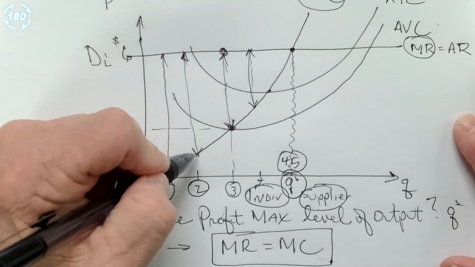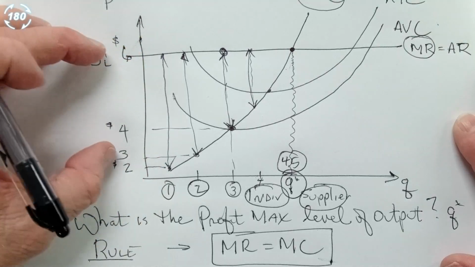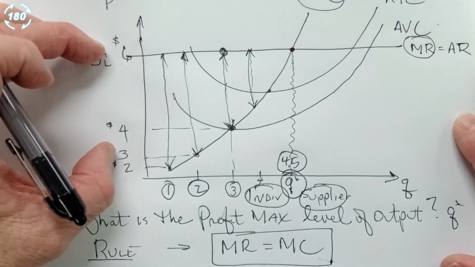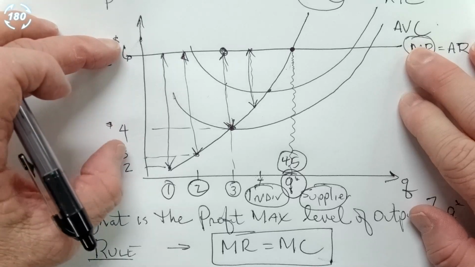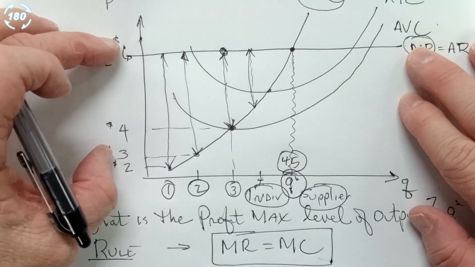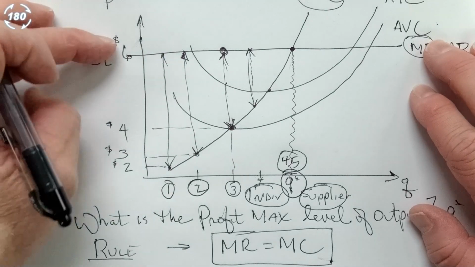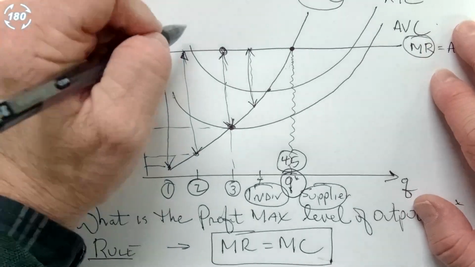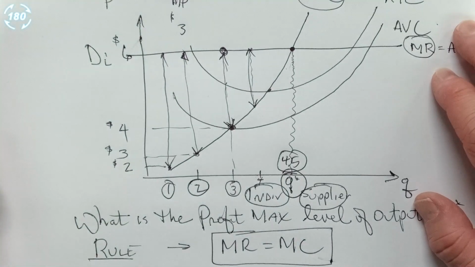Okay, it's a little easier here going from 2 to 3 perhaps. From the second unit, the marginal profit is the difference between the marginal revenue, which is 6, and the marginal cost, which is 3. You could call that marginal profit. The marginal profit on the second unit here is 6 minus 3, $3. $3 marginal profit, MP, I guess.